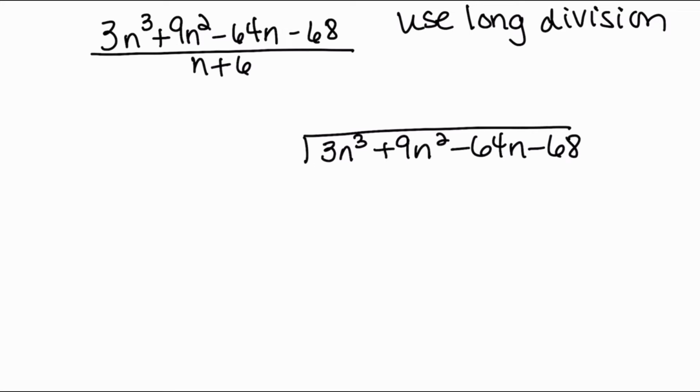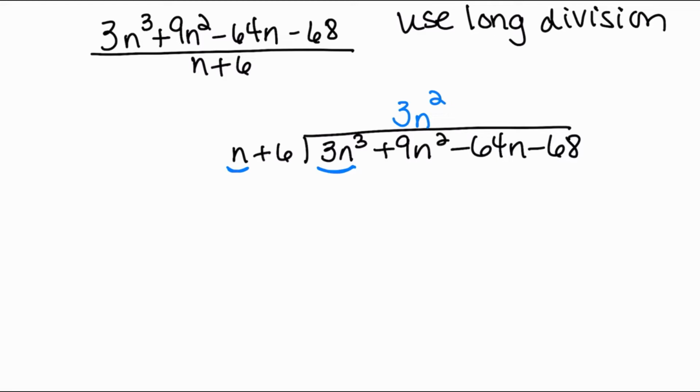What am I dividing by? I'm dividing by n plus 6. So I go ahead and I get started. n times what is 3n to the third? So the answer is 3n squared. I'm going to line up my answer. So I'm going to put 3n squared on top of the 9n squared to keep my answer lined up.